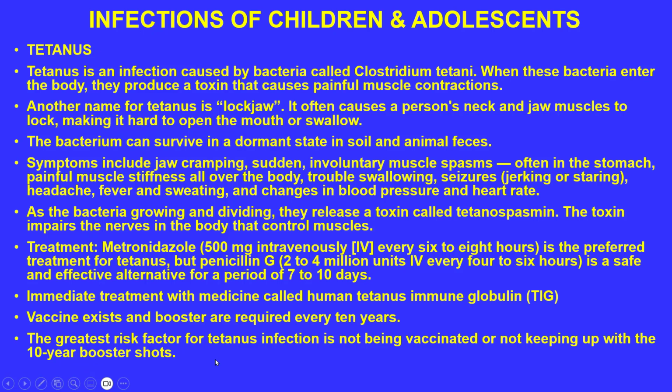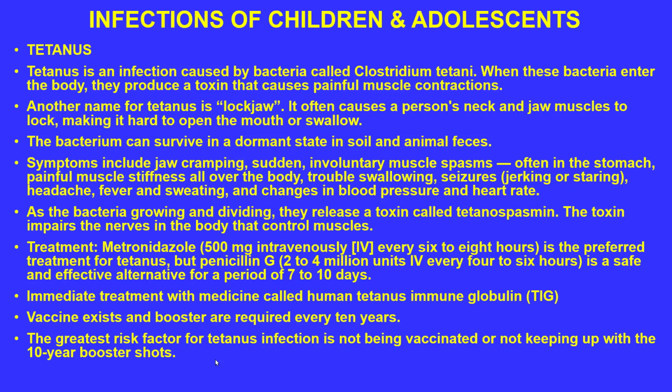And so we move from there to tetanus. Now, tetanus is an infection caused by bacteria called Clostridium tetani. Now, Clostridium, you have to understand, does have endospores, so you can find them in the soil. When the bacteria enter the body, they produce a toxin that causes painful muscle contractions.